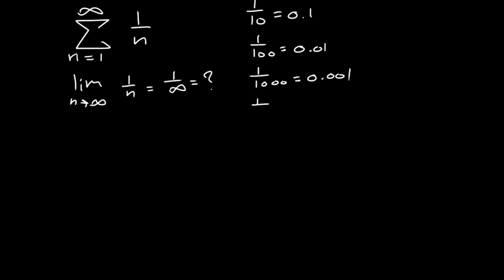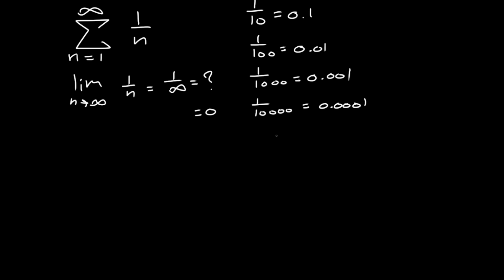And if we did 10,000, we would get 0.0001. As you notice, the larger our denominator gets, the smaller our value gets, and it's starting to approach 0. And that's our answer. As the denominator increases to infinity, the value approaches 0.